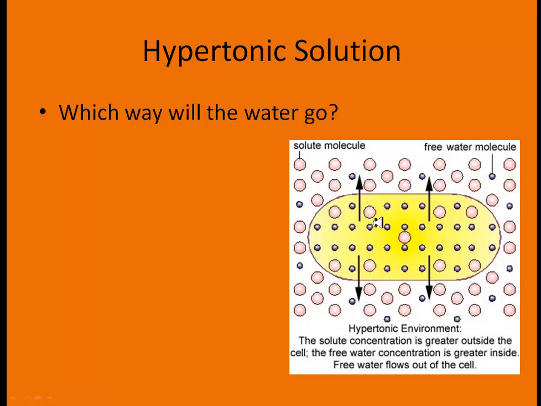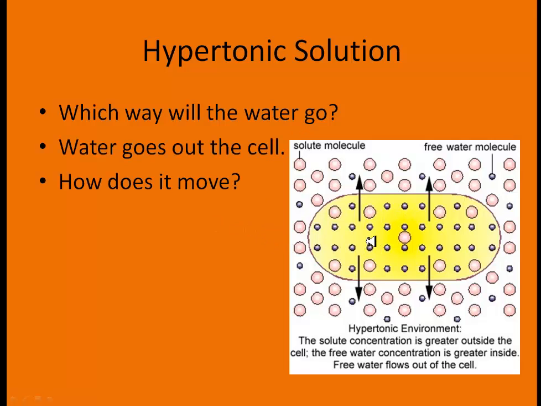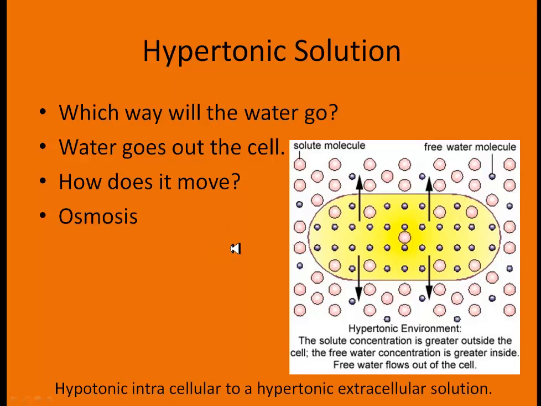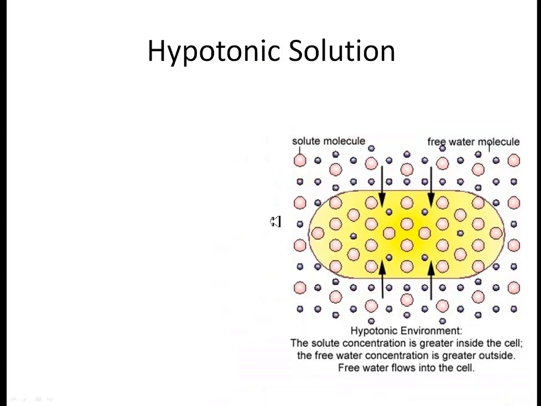So which way will water go? It'll move outside the cell. How does it move? It's moving through a process called osmosis, which is the diffusion of water, from hypotonic intracellular to hypertonic extracellular. So it's hypo on the inside, it's hyper on the outside.